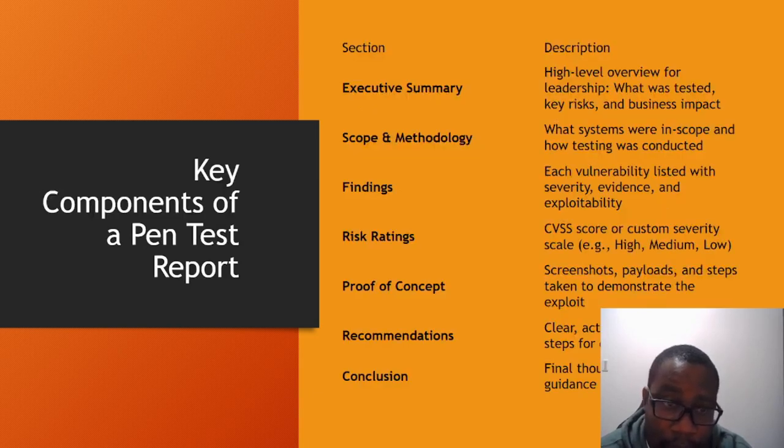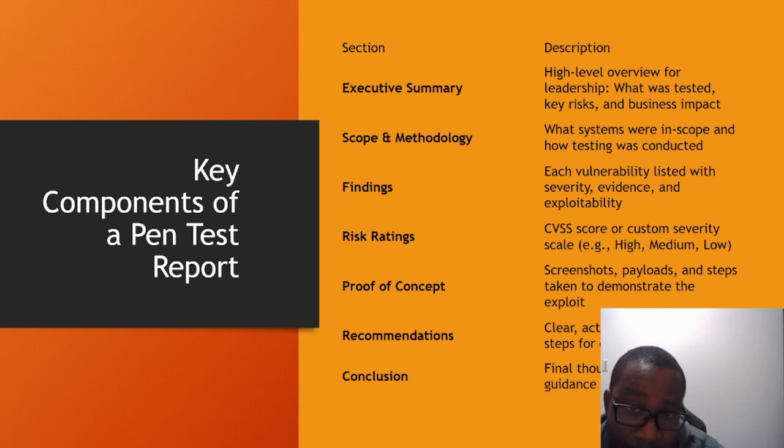So these are the key components of a pen test report. Executive summary. That's your high-level overview for leadership of what was tested, the key risks and business impacts. Your scope and methodology, what systems were in scope and how testing was conducted. Your findings, each vulnerability is listed with severity, evidence, and exploitability.